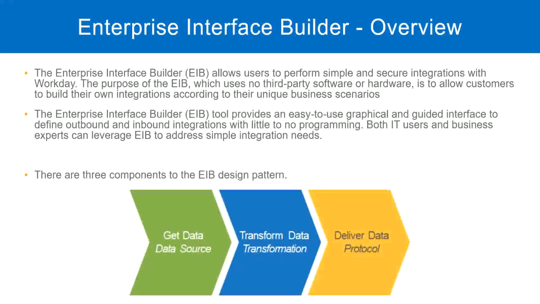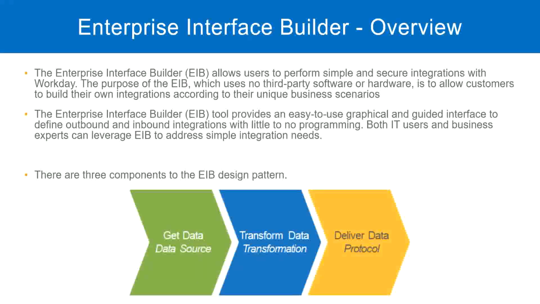So any integration will have 3 steps. First we have to get the data from somewhere. Some of you said we will Google the data. Absolutely, you can get the data from somewhere.